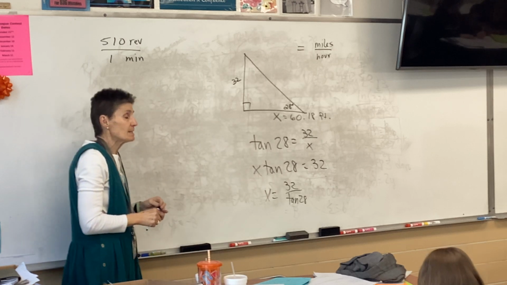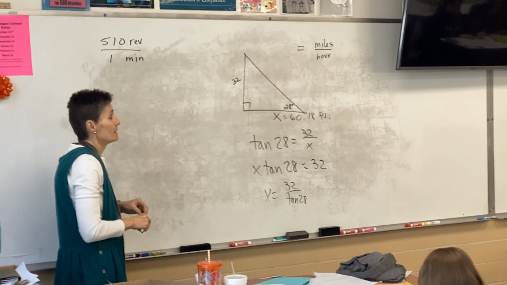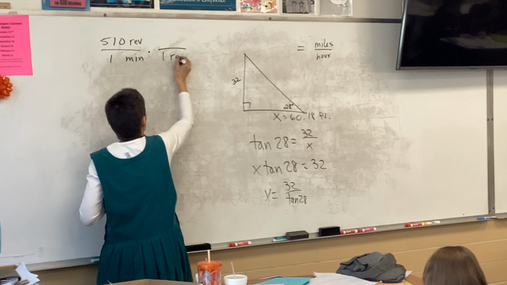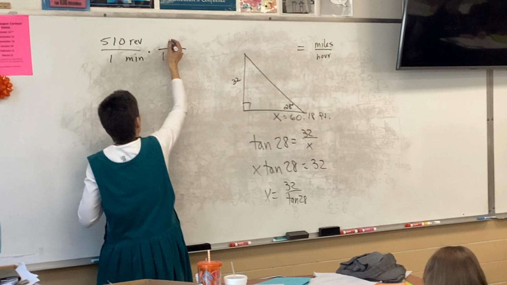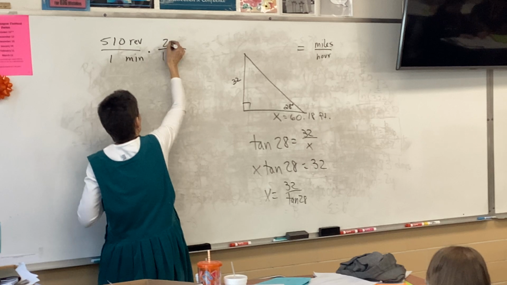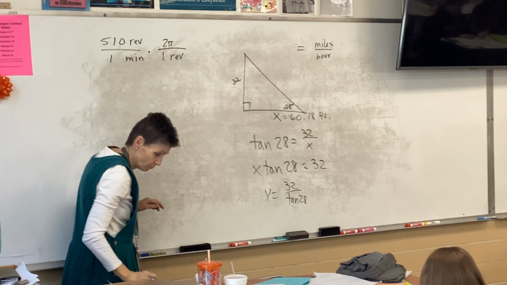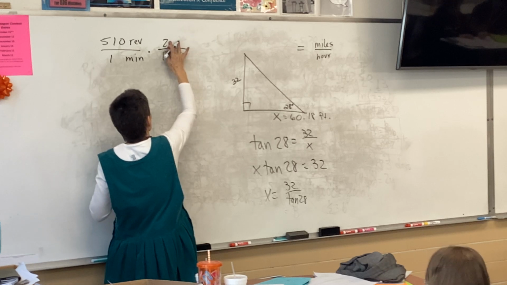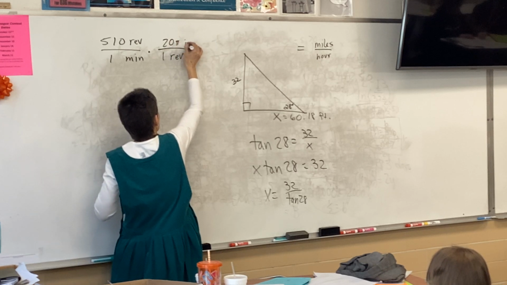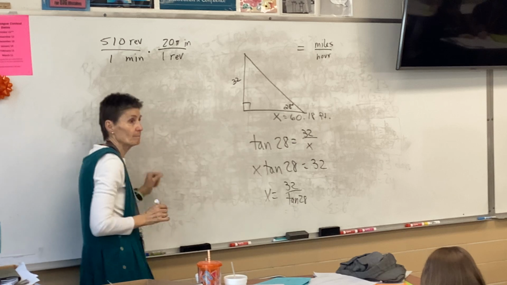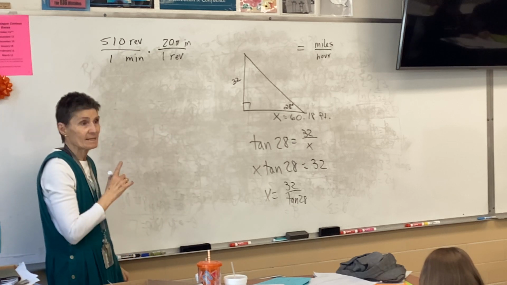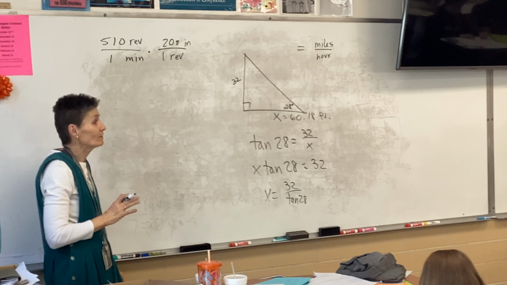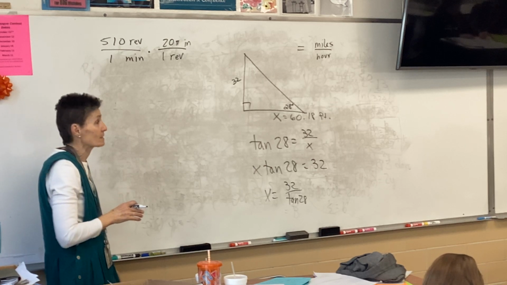Remember, the key to doing this problem is to remember that a revolution is a circumference, which for this problem is 2 pi, 10, 20 pi inches. That's the key. The rest of it's easy. You have to remember that a revolution is a circumference.